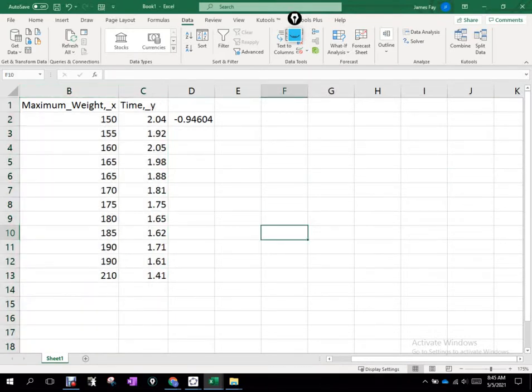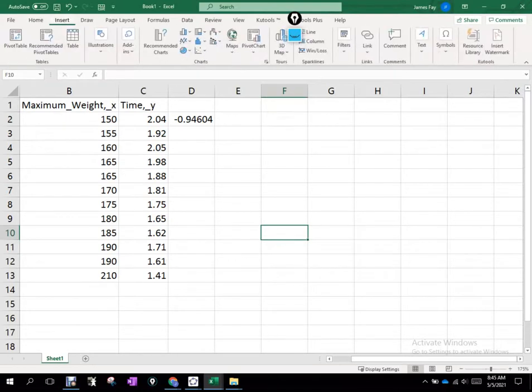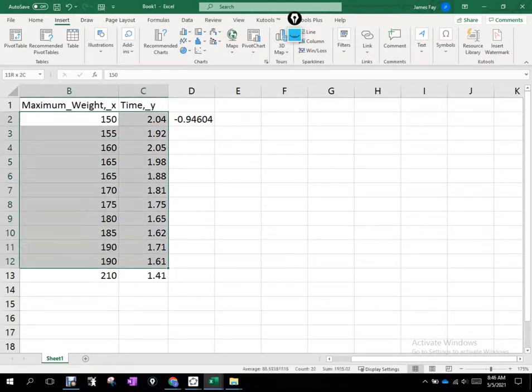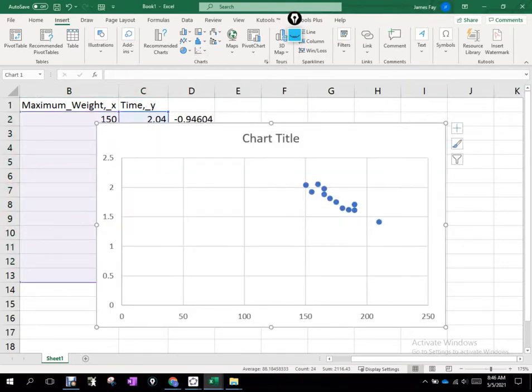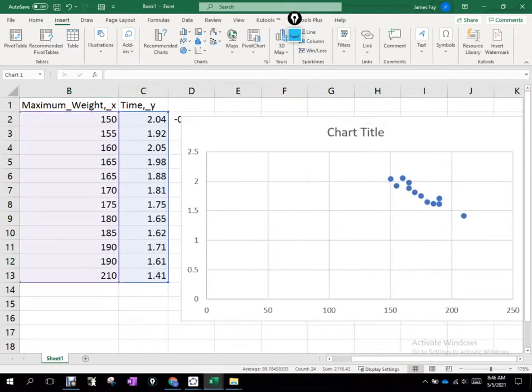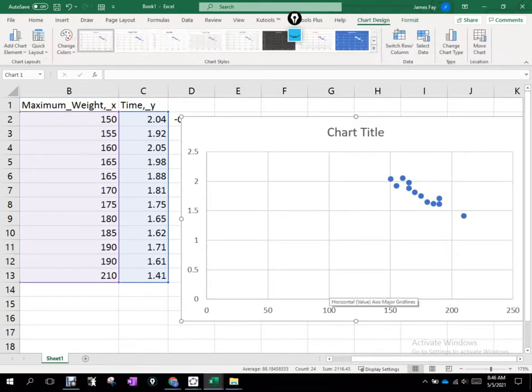And now as the weight is going up, what is happening to the time? Time is going down, and it's linearly going down. If we were to graph this, I'm going to select those and click on the scatter plot chart, and you can see what is happening there.